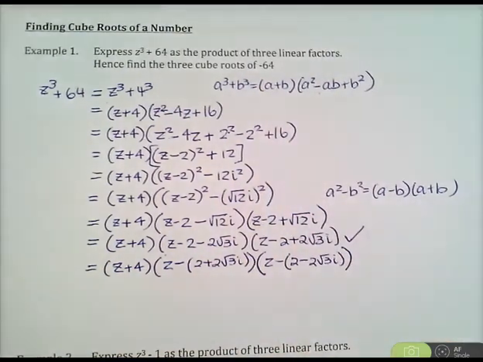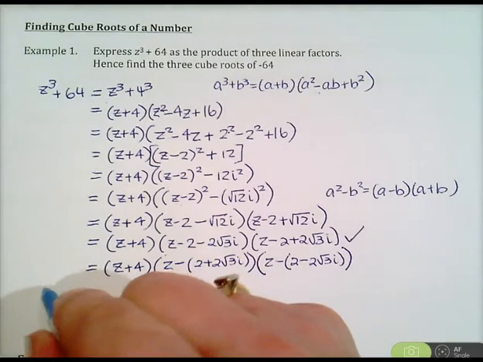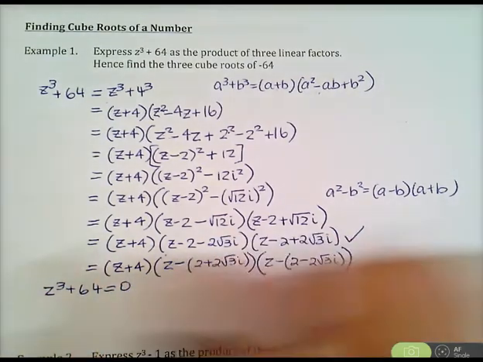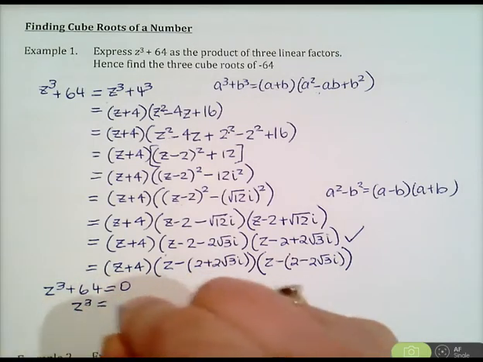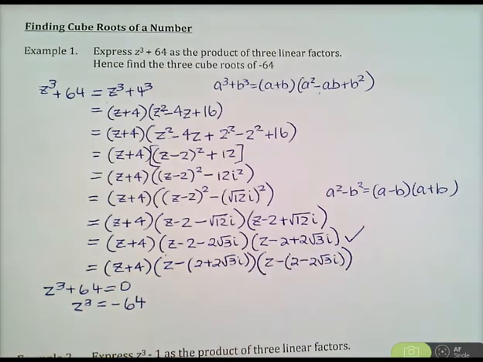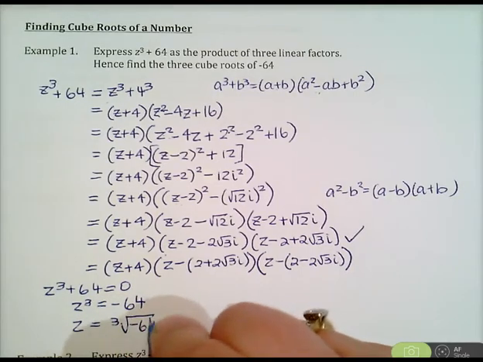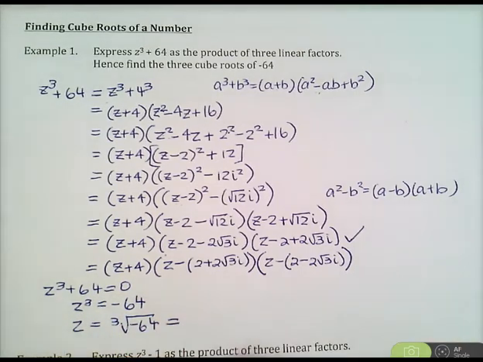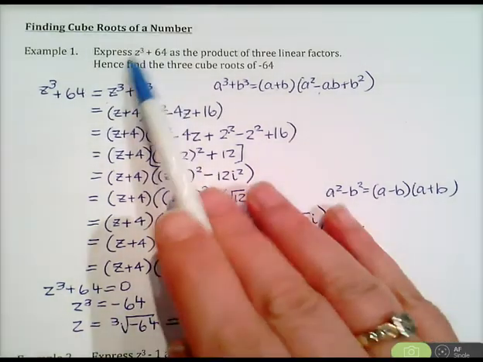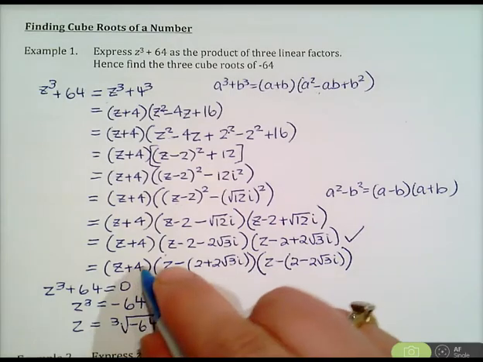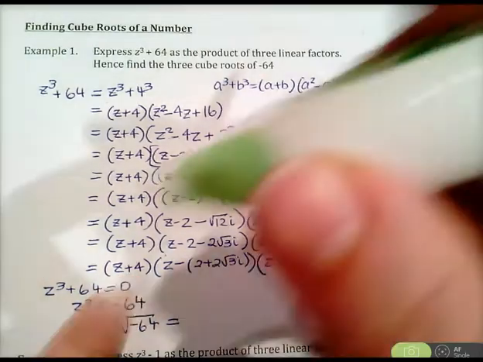So if we let z cubed plus 64 equal 0, then z cubed equals negative 64. So therefore z is the cube root of negative 64. So therefore, because we've found the 3 linear factors of z cubed plus 64, the cube roots of 64 are, be careful here, I want to rewrite this bit.